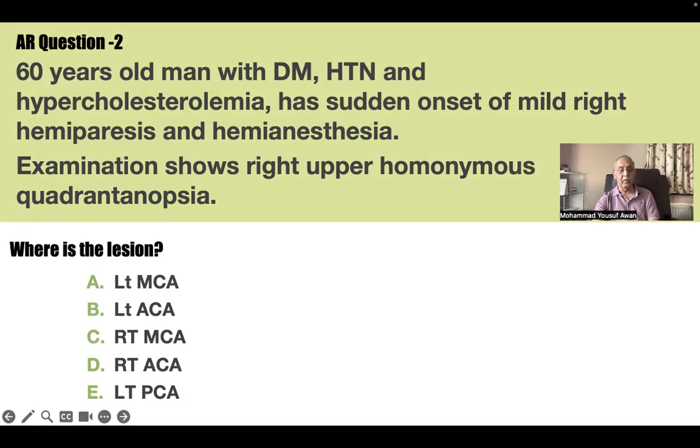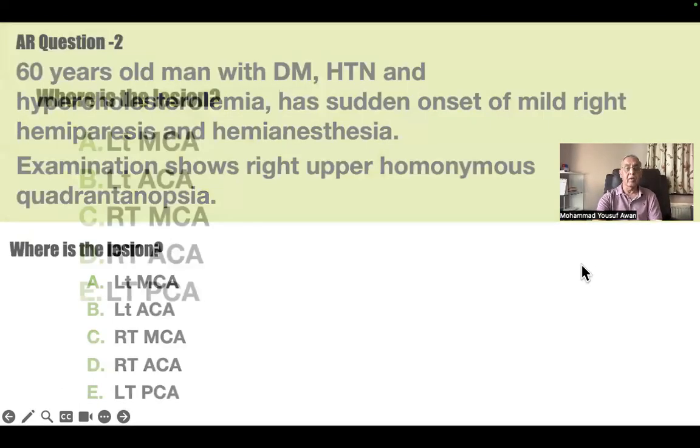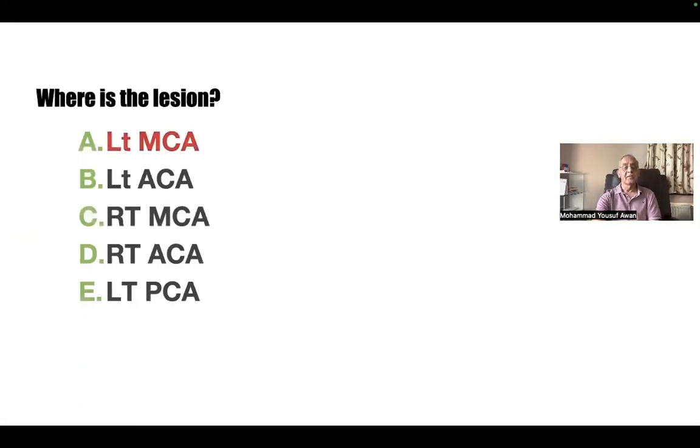Which artery is involved? Right-sided hemiparesis means the lesion is on the left side, and right upper homonymous quadrantanopia points to the temporal lobe. So the problem is with the left middle cerebral artery involving the temporal lobe and the motor area.